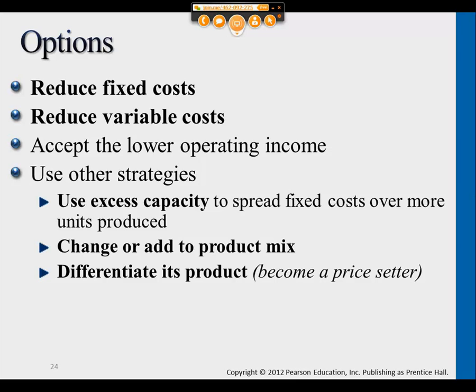I can change the items in that product mix, that bundle, or maybe I can add, or maybe I can change my product so that I'm the price setter, so that my product distinguishes so much from the competitor that I can set my price.